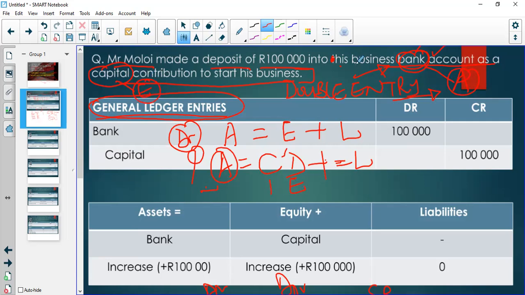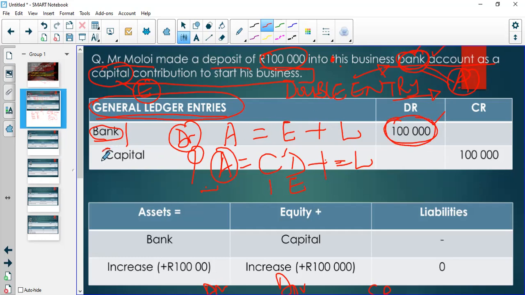The amount in the bank has increased by 100,000, and bank is an asset. When an asset increases, you have to debit. So you're going to make a debit entry of 100,000 to the bank account, because the amount in the bank has increased by 100,000. When an asset account increases, you have to debit that asset account.